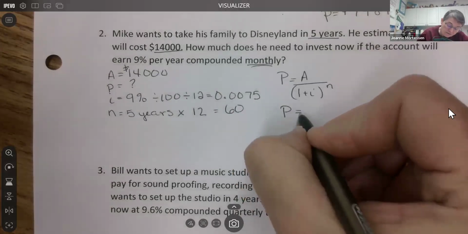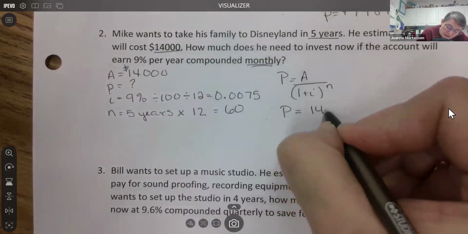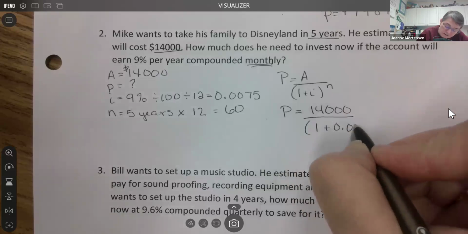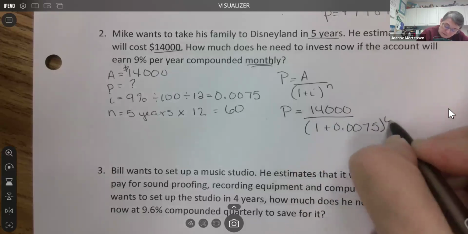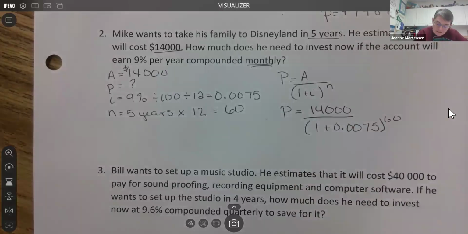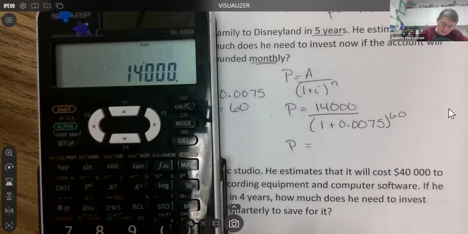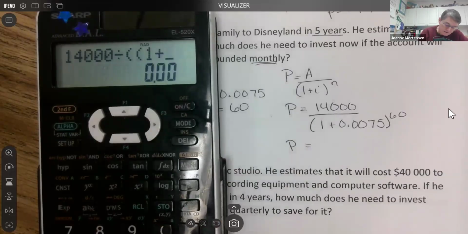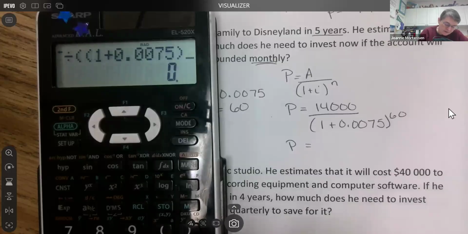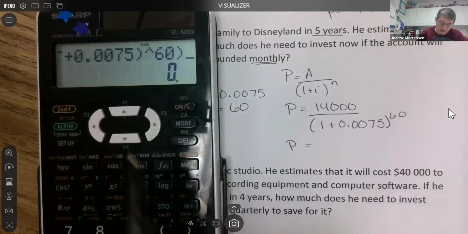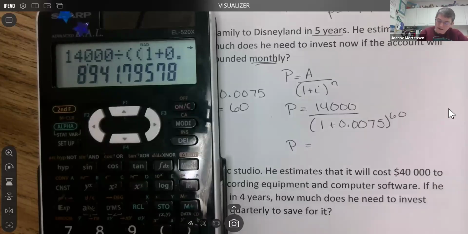So P is equal to A, which is my 14,000, divided by bracket 1 plus 0.0075, close my bracket, exponent 60, close my bracket again, because there were 2 at the front, so I need 2 at the back, and ta-da, yay.